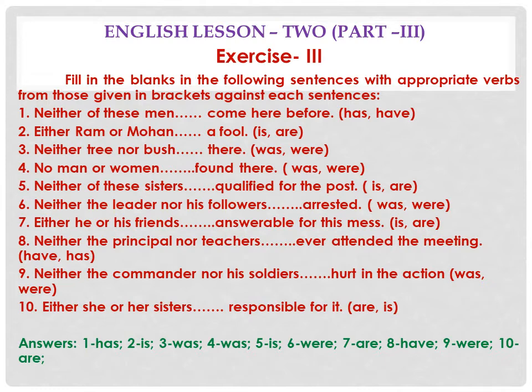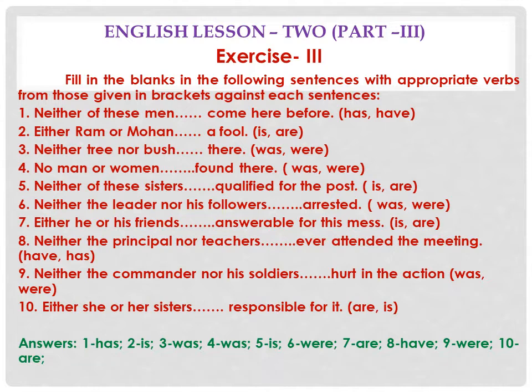Now friends, we have come to slide number 4, English lesson 2 part 3, exercise number 3. Fill the blanks in the following sentences with appropriate verbs from those given in brackets against each sentence. So you have to choose the correct verb required here as per the sentence structure and its meaning.